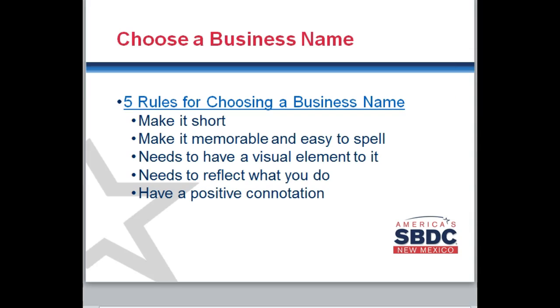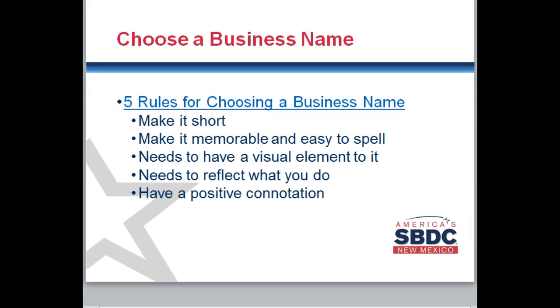Choosing a business name. There are 5 general rules for choosing a business name. First, make it short. Second, make it memorable and easy to spell. Third, you could have a visual element to it, such as Apple computers. Fourth, it needs to reflect what you do in your business.